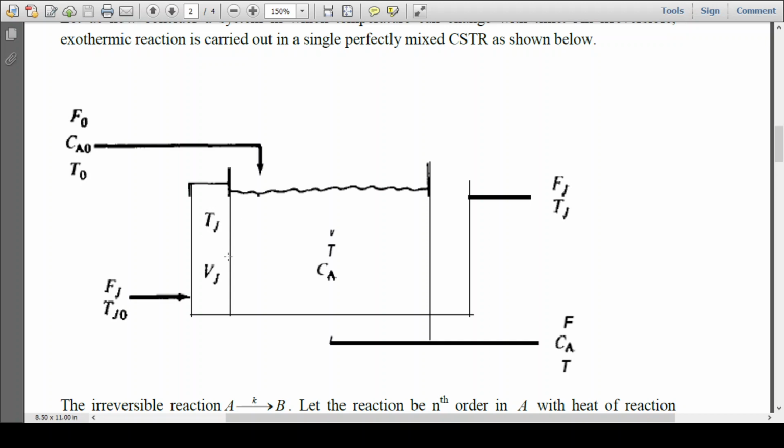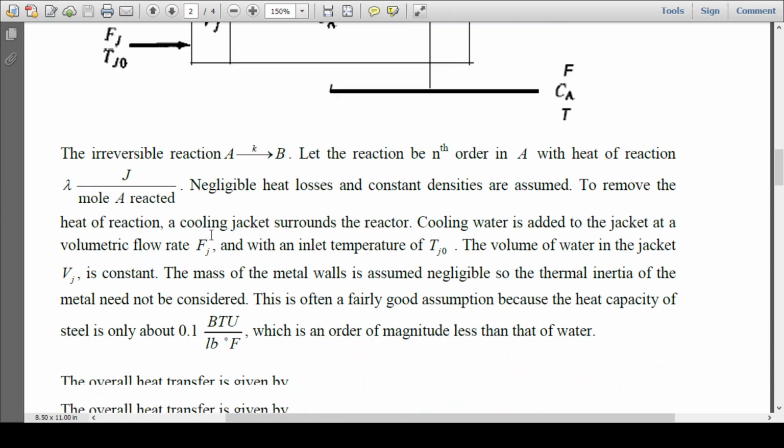The metal wall thickness is very thin, so there is no temperature distribution within the metal wall, so the metal wall temperature can be assumed the same as inside the reactor. The reactor outlet goes with a flow rate F, concentration Ca at temperature T. So we have to find all governing equations for this case.